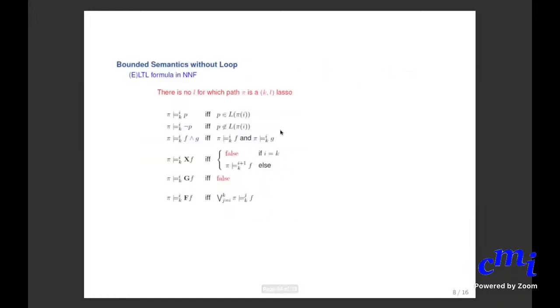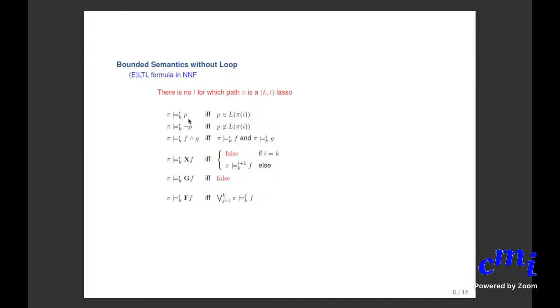So here you will see that in some cases, for some temporal operators, you won't be able to precisely characterize the satisfaction. You won't be able to conclude from the bounded satisfaction anything about satisfaction of that LTL formula on the infinite path, which can be an extension of the k-long prefix.